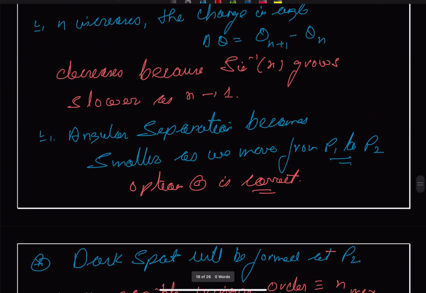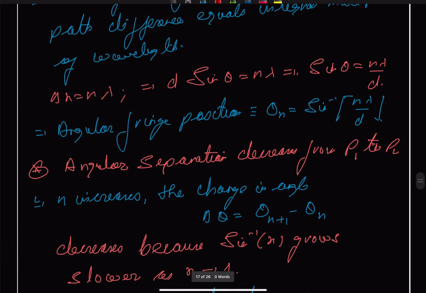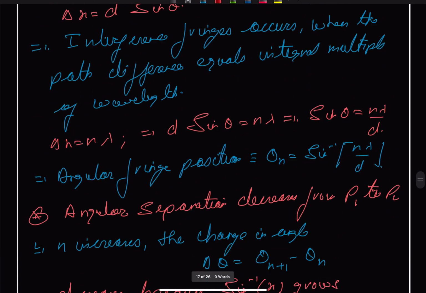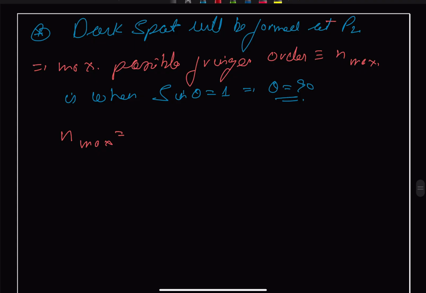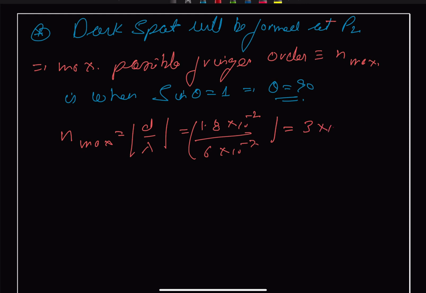We already know the relationship between n and sine theta. So n max will be equal to d upon lambda, and d we already know is 1.8 into 10 to the power minus 2, divided by 6 into 10 to the power minus 7, and this comes close to 3 into 10 to the power 4. So this is basically a bright fringe, not a dark one.